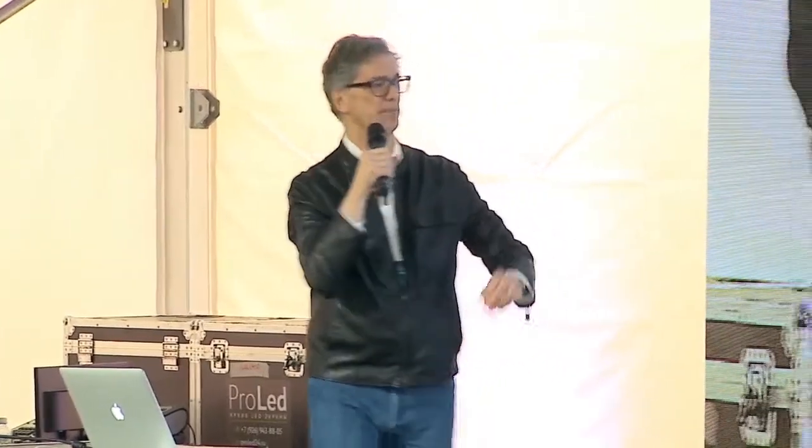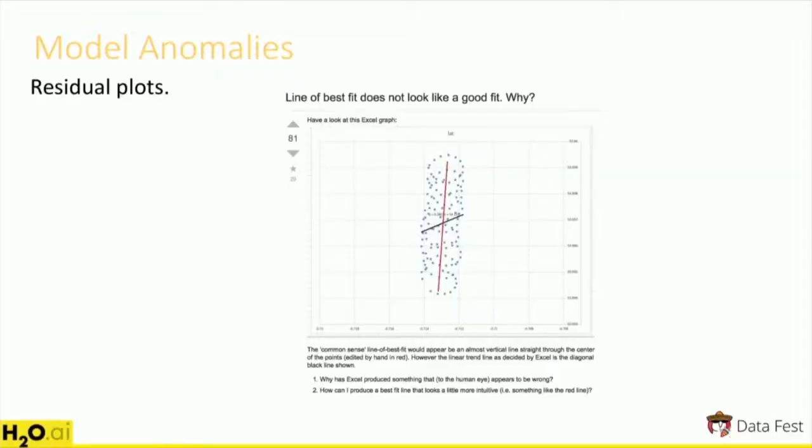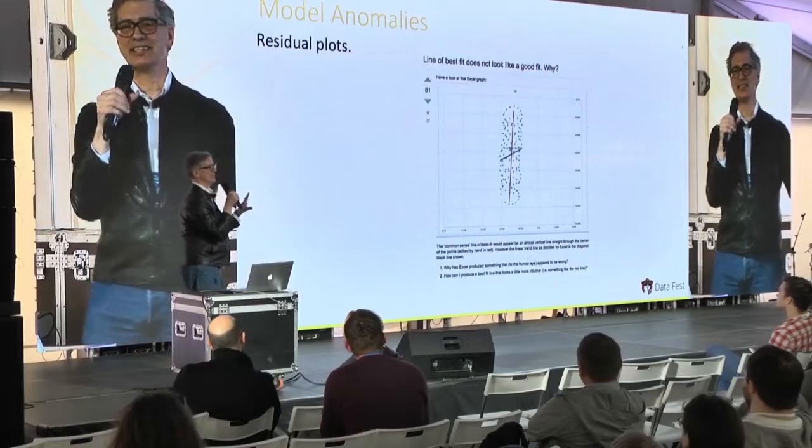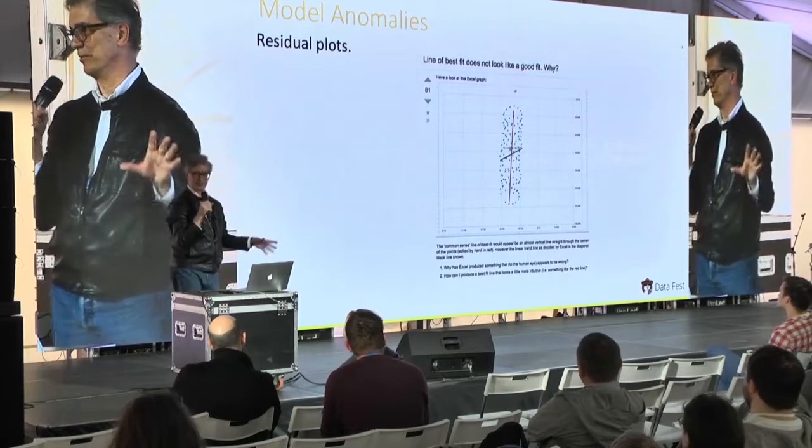This one is fun because it's also recommended, but someone is asking on Stack Overflow, I got these data and I put them through Excel and I got this black regression line, but the red is obviously a much better fit. Well, this person fundamentally didn't understand the concept of regression.